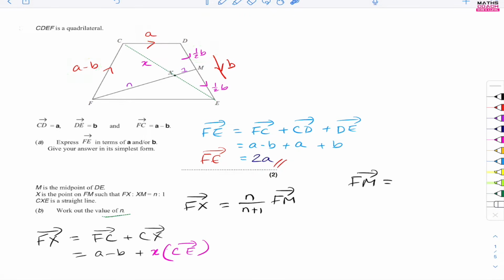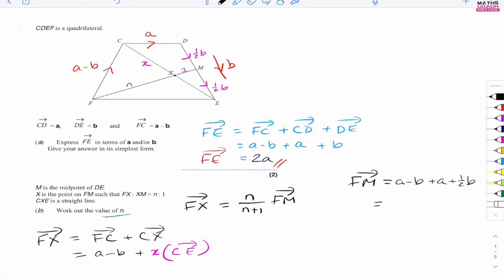Because we're running out of space, I'm not going to do this part of it that I did for the others. I'm just going to add these along. So what do I have? I have A minus B plus A plus a half B. So I've just added this and that, and I've got from F to M using that rule. Let's collect all the like terms here.